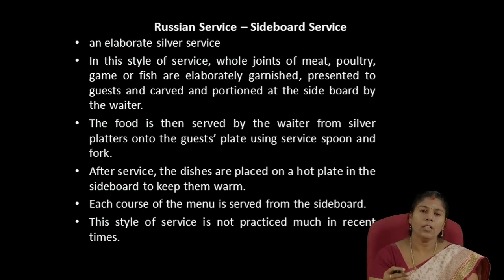The waiter exhibits culinary skill by portioning it accurately and giving it to the customers. The food is served on the silver platter, and the remaining food is again taken to the sideboard, where special equipment is placed to keep the food warm.